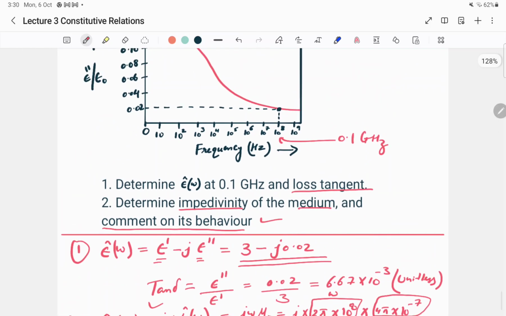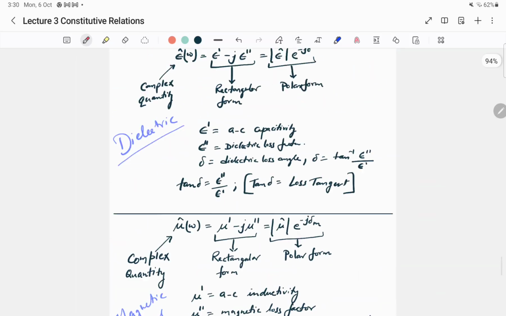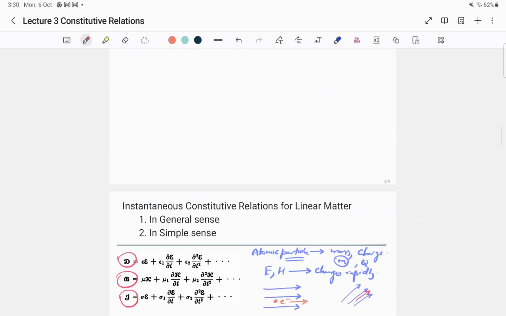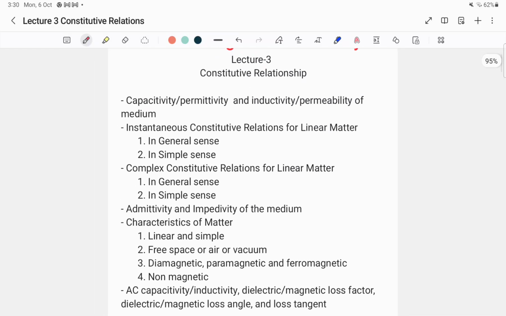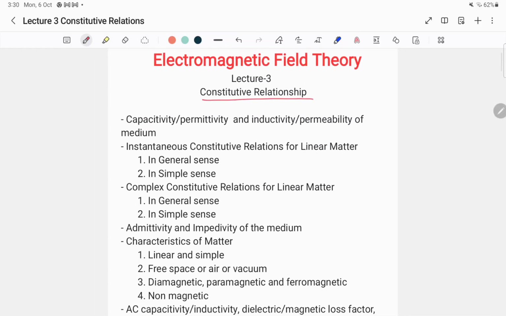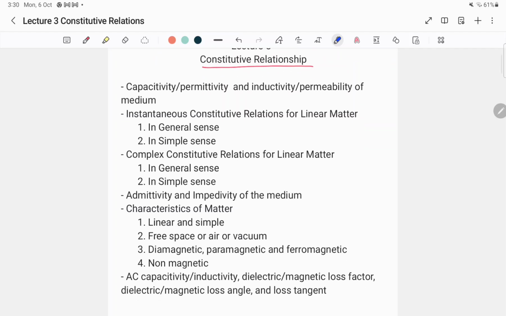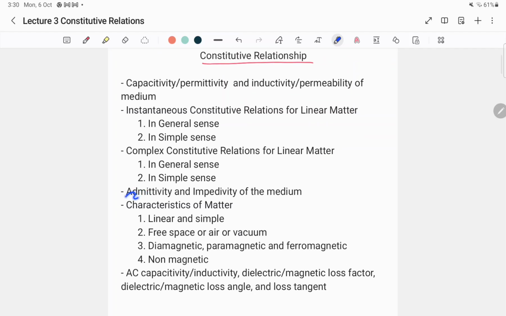I hope you have understood this lecture. This lecture basically talks about the constitutive relationship, and the important part is that the constitutive relationship can be written in a general sense and a simple sense.